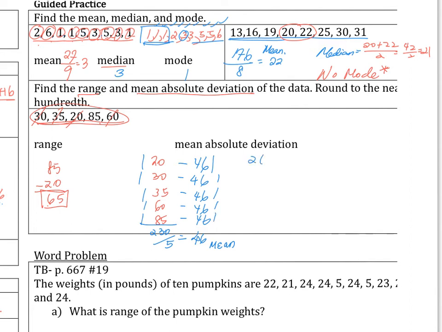So this will be 26, 16, 11, 14, 39. And then we need to add them together to make a 106, divide by 5. So this would be 21.2. So this would be your mean absolute value deviation.